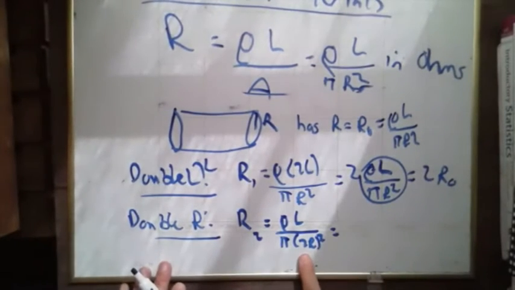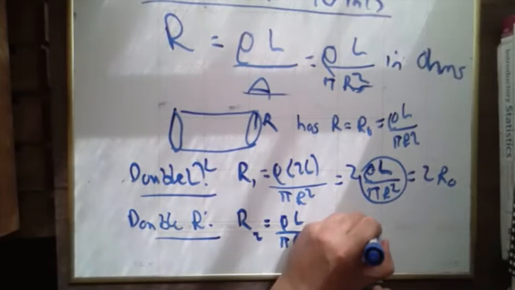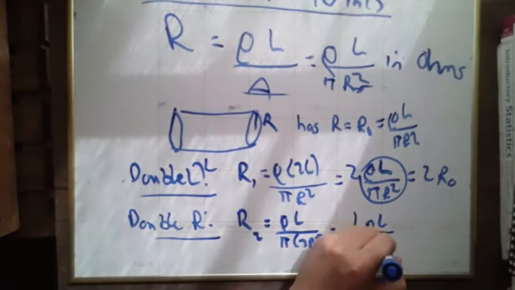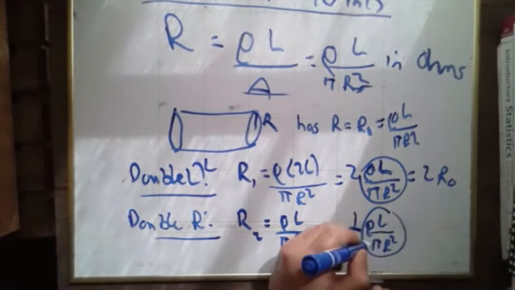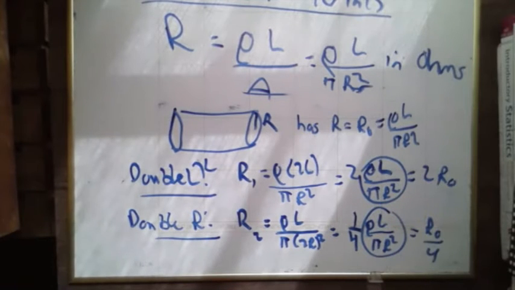I've got to square that 2 now. I get one-fourth of rho L over pi r squared, which is what I called R naught. So because we have that r squared on the bottom, doubling the radius does not cut the resistance in half. It cuts it down to one-fourth.